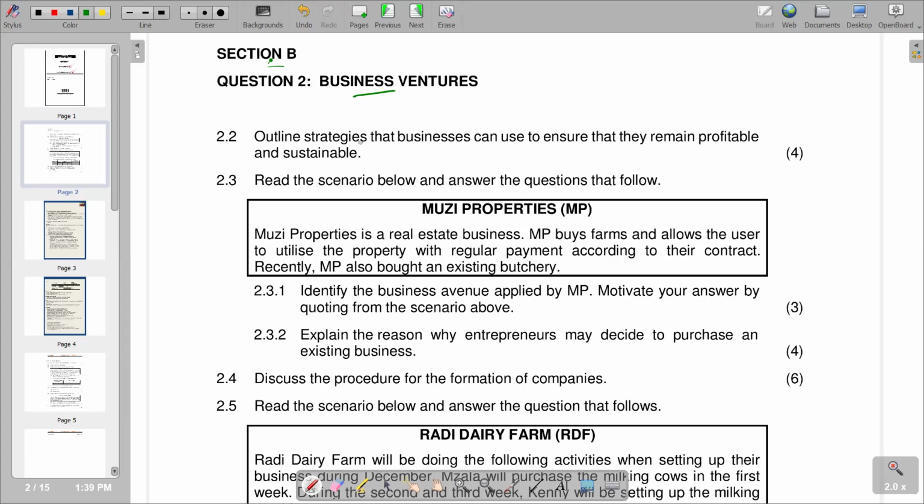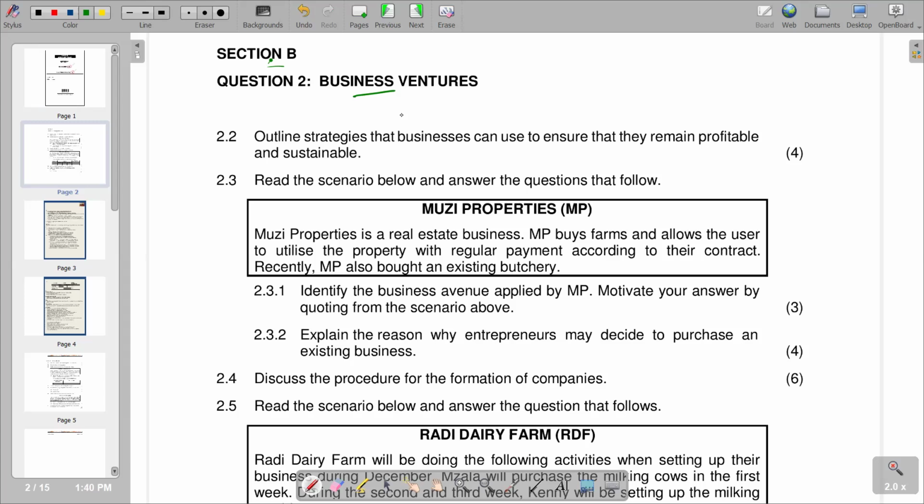But our question is to ensure that they remain profitable. In those strategies, we can bring in issues like thorough planning. Proper planning of activities, so that the activities we do are well planned, can ensure that we remain profitable and sustainable. Then also proper managing of finance, so that we don't overspend on expenses that are not necessary.